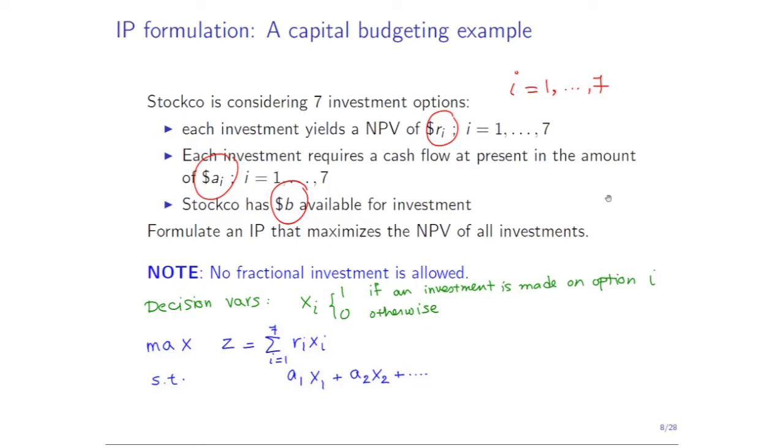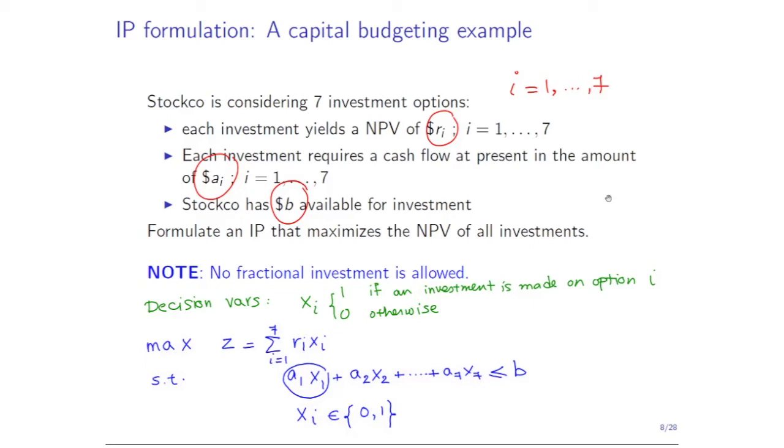If the value of any of those variables is 0, then the corresponding spending is 0. So this function is my spending, which must be less than my budget. Everything works out. And finally, I have to specify that every variable is a binary variable. Then I'm done.